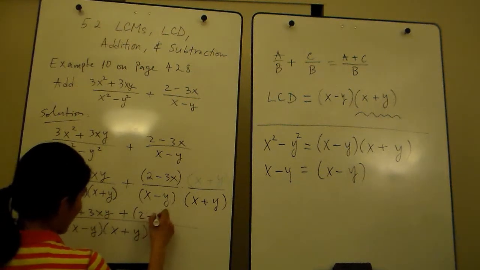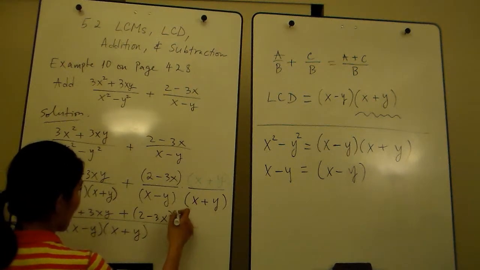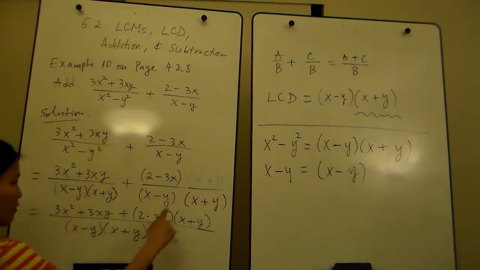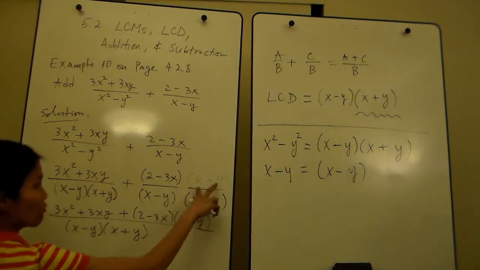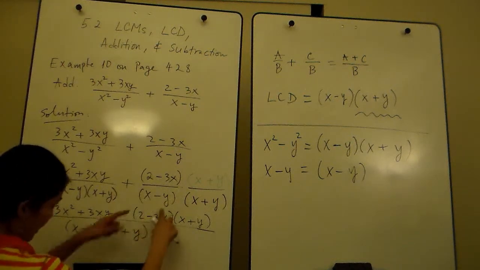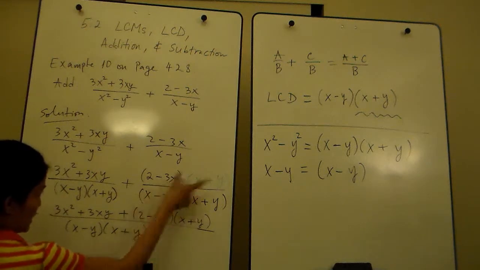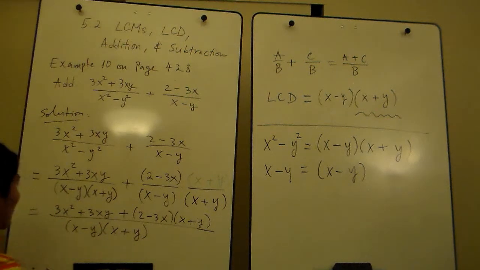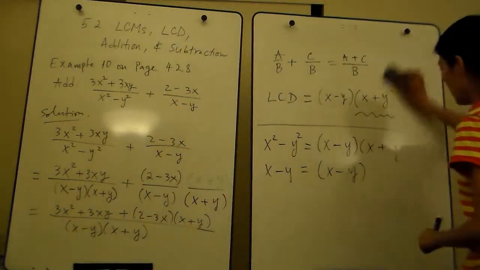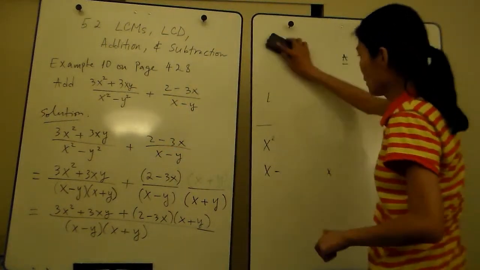So 2 minus 3x times x plus y. Okay, this multiplication applies to both these terms, and this multiplication applies to both these terms. That's why I need to use parentheses. All right. Simplify as much as possible.